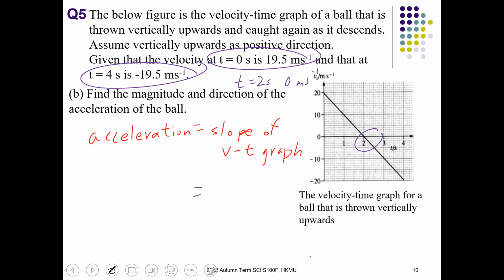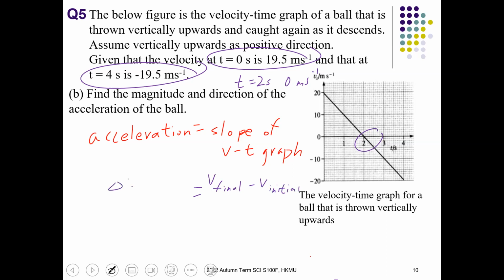Let's refer to what we have from the questions. The slope equals to the change of the velocity. Change means final minus initial velocity.